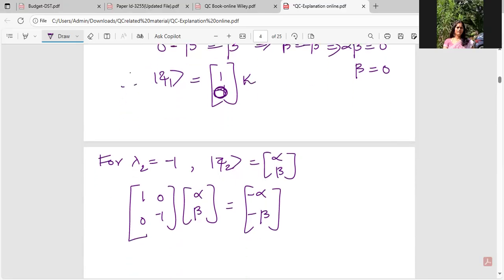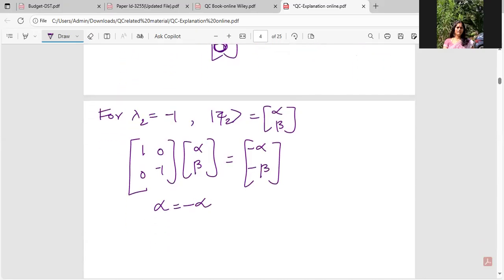Here I have alpha is equal to minus alpha, and 0 alpha minus beta is equal to minus beta. From this, I cannot say anything, because it results in 0. From the first, I can say alpha plus alpha is equal to 0, which implies 2 alpha is equal to 0, or alpha is equal to 0. So I'll take some non-zero value for beta.